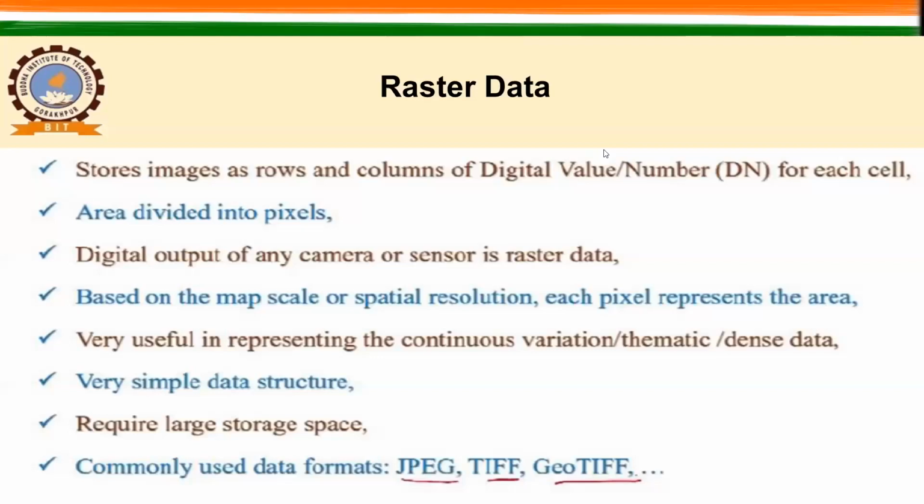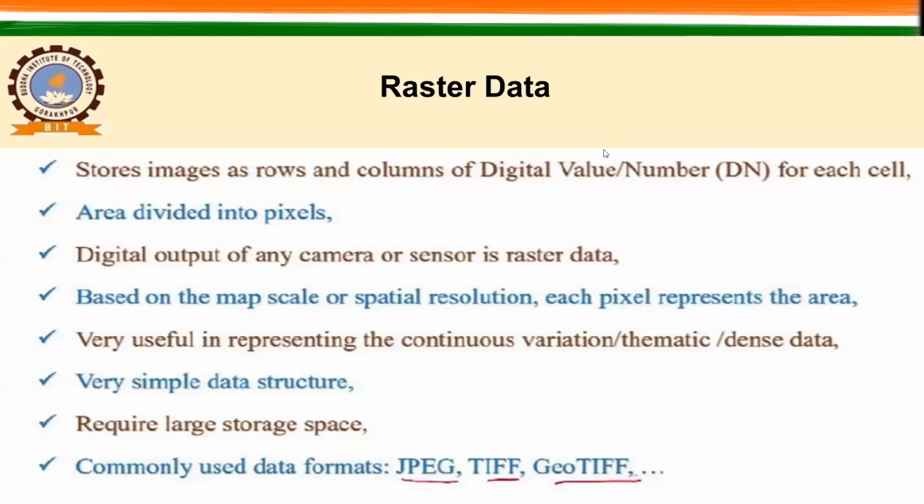So when you are having too many data sets, the kind of representation of the raster data type is very useful, a very simple data structure, because in one column you will have latitude, longitude and digital number, right? And then you can represent and store this in your pixel. So each pixel will have three values, right? Like that, you can store this raster data.